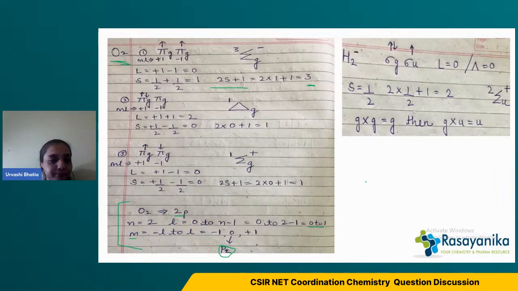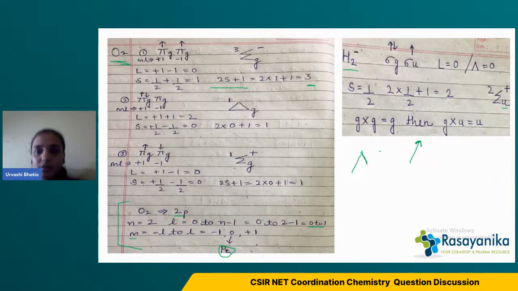Okay. Now this is done. This I have just included for your understanding, to show how you get the u and g labels, since this is not required in this question. Although, okay, H2 minus is given. You know the MO diagram for H2. I'll not draw the MO diagram.